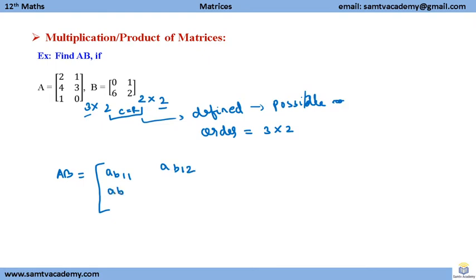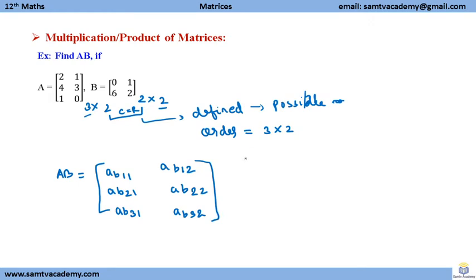Similarly, AB second row, first column; AB second row, second column. Next is AB third row, first column, and AB third row, second column. These will be the elements.